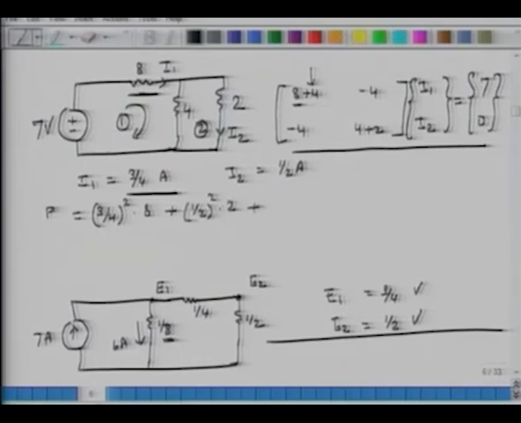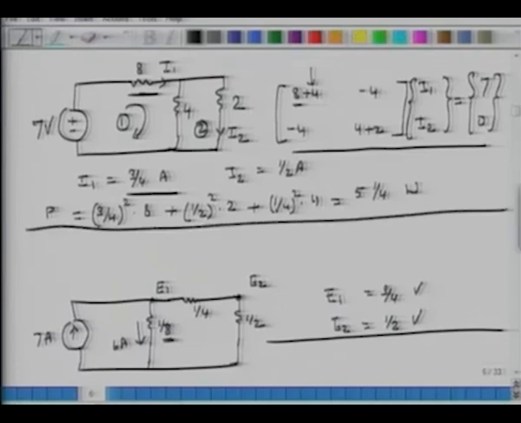And what's the value of the current going through the 4 ohm resistance? 1/4. So the current going through the 4 ohm resistance is a quarter amp, times 4. If I do all this correctly, my total heat is 5.25 watts.